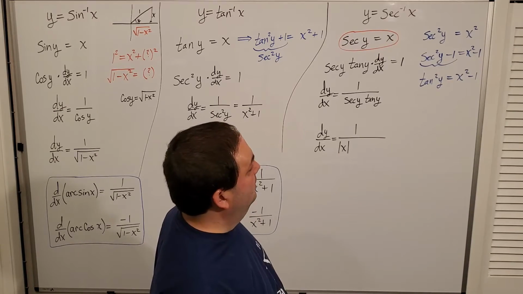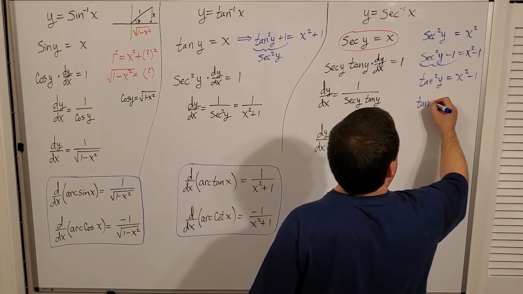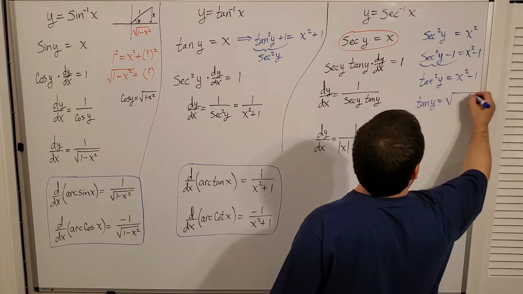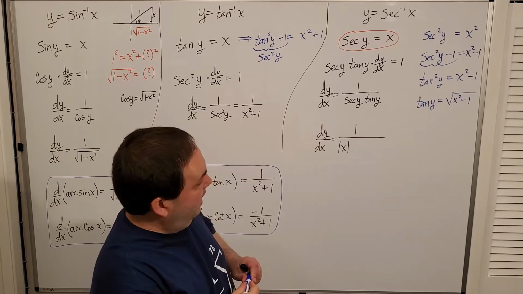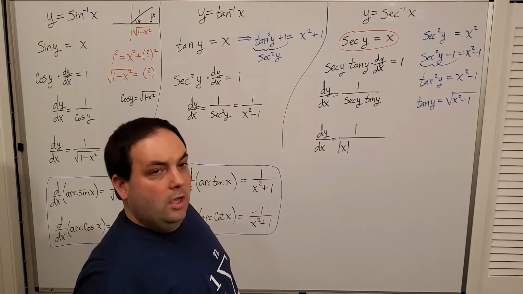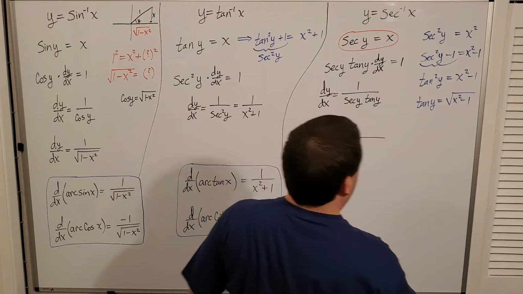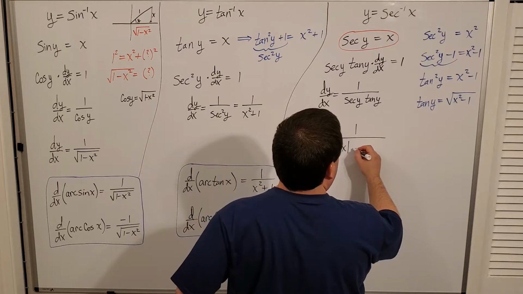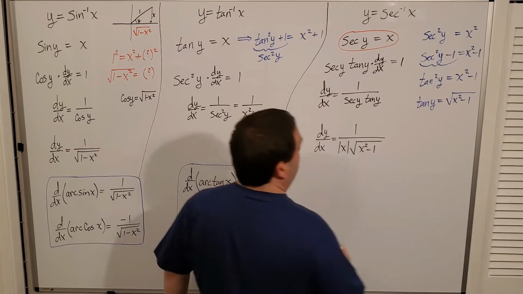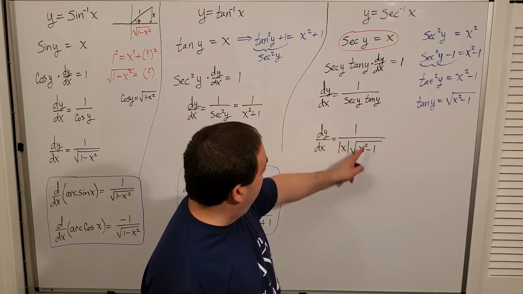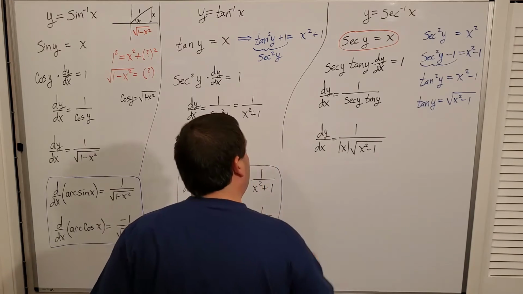Now I just take the square root of both sides. And again, you'll notice I'm picking the positive. That's also having to do with the quadrants that these things are designed for. So I'm getting a square root of x squared minus 1 for the tangent of y piece there. Tangent of y is equal to that. So let's write our rules down.